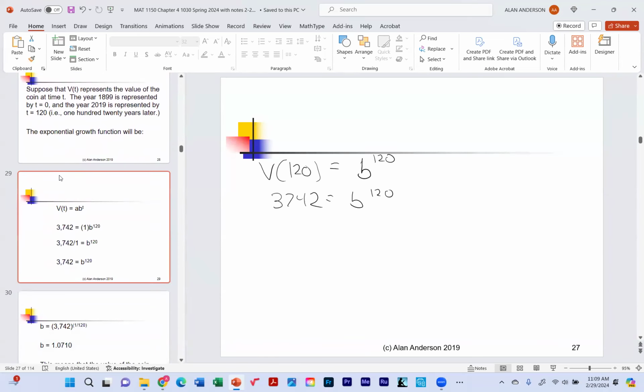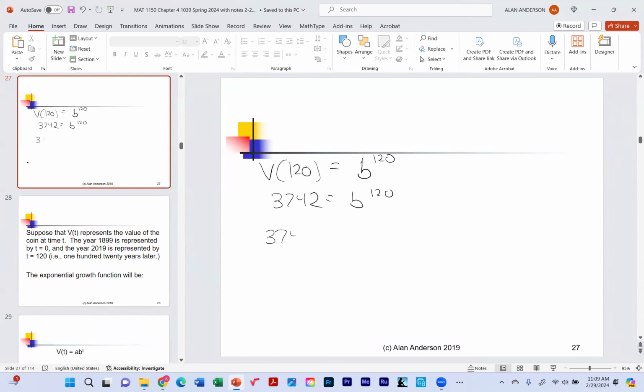You know what that means? Then we can solve for b directly by taking the 1 over 120 power of both sides.